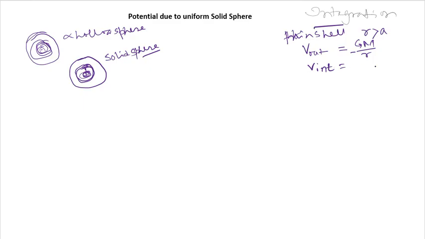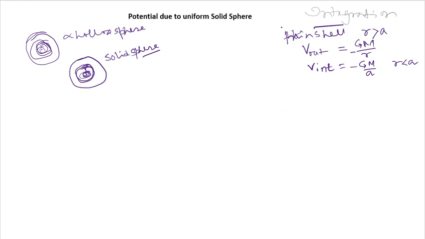And inside means when r is less than a, the potential is minus GM by a, so that is constant. Now we see that potential remains constant inside the sphere.